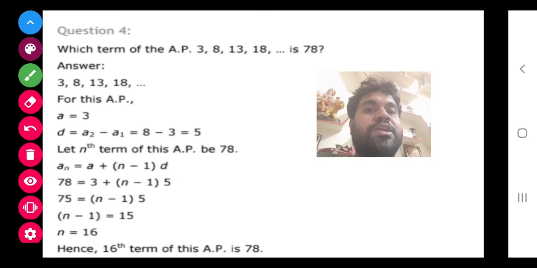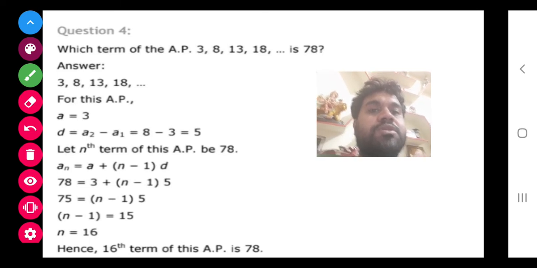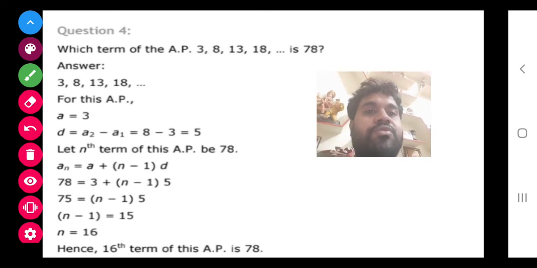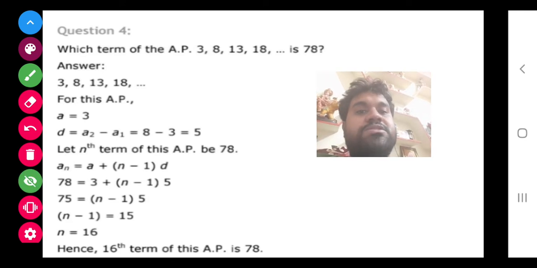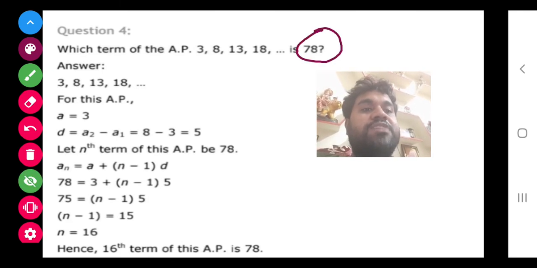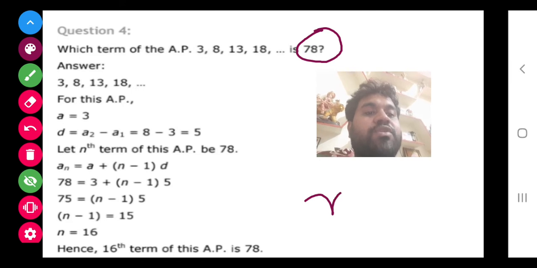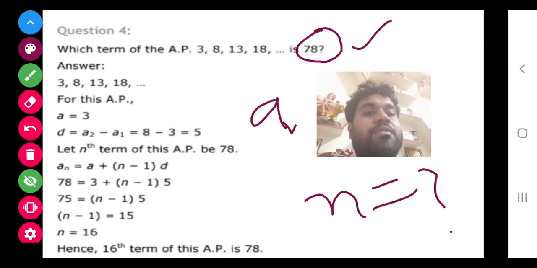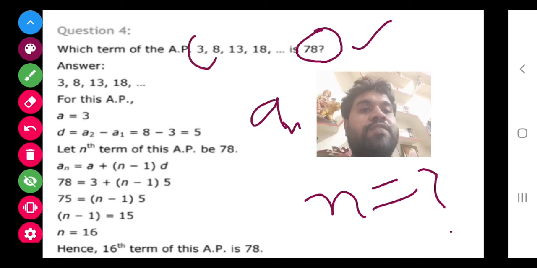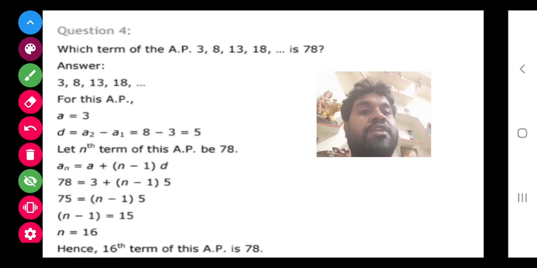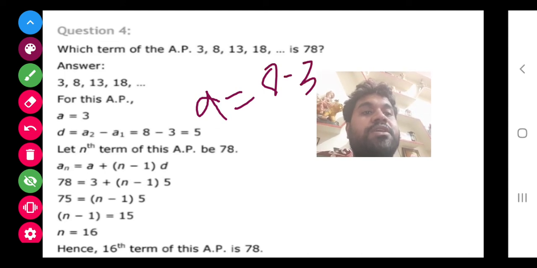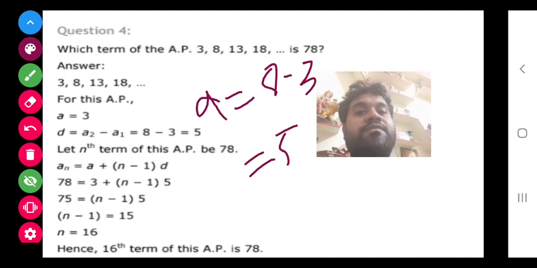Now class, let's move to question number 4. In question number 4, it has been asked that 78 is which term, meaning we have to get the value of n, and an is given. First of all, we need a, that is 3, and we need d, that is 8 minus 3, that is 5.